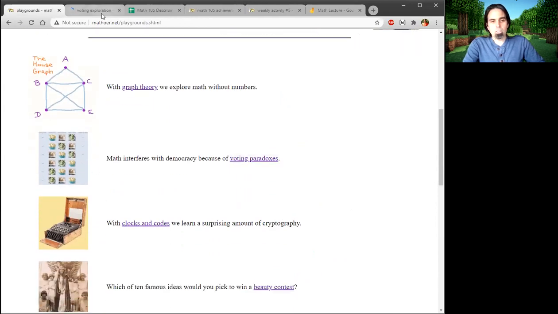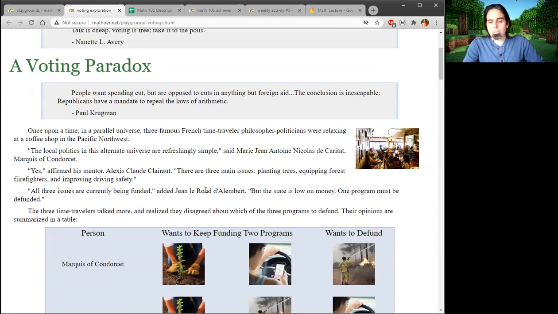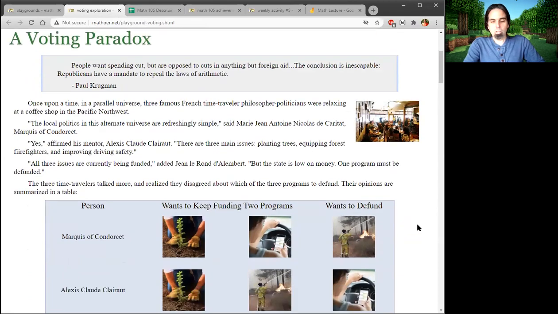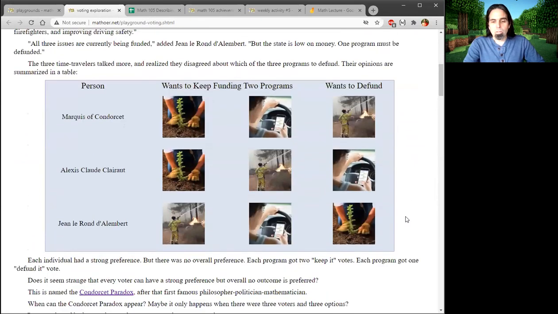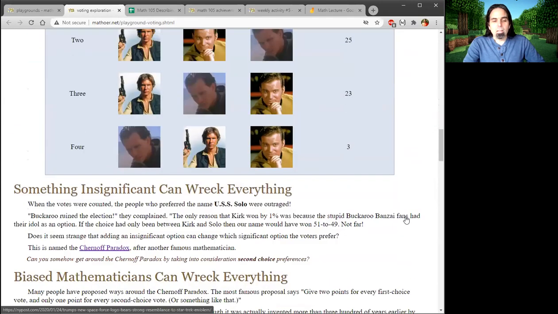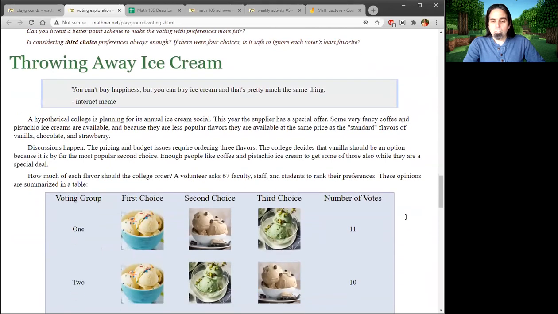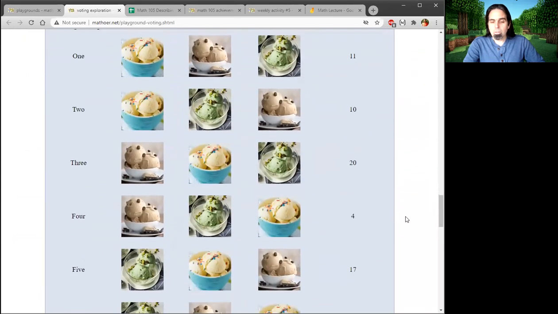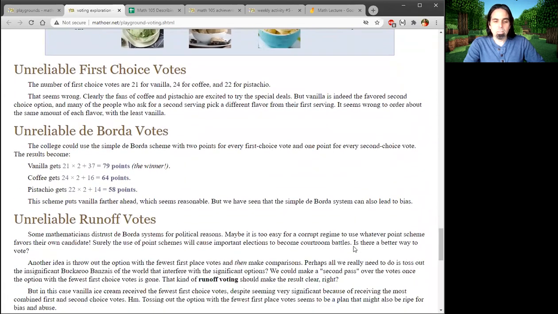Voting has paradoxes. There's a theorem called Arrow's theorem, Arrow's impossibility theorem, that says you can't design a voting system that will always do everything you want. That's a non-math paraphrase. So here we're talking about some voting ideas and giving you some examples of voting situations that seem straightforward, but they actually can't figure out winners very well, and so on.